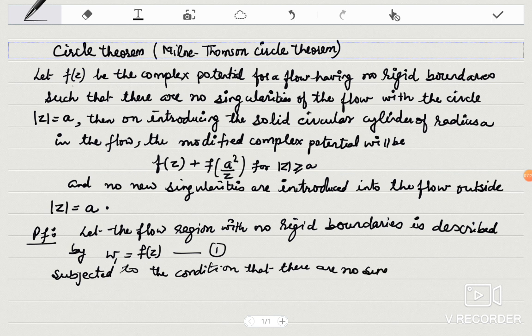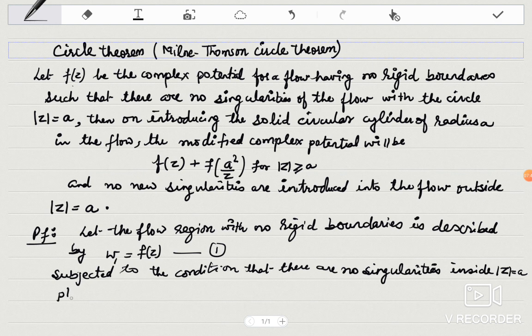Whatever singularities are there will be outside. No singularities inside mod z is equal to a. It simply means whatever singularities are there will be outside mod z is equal to a.